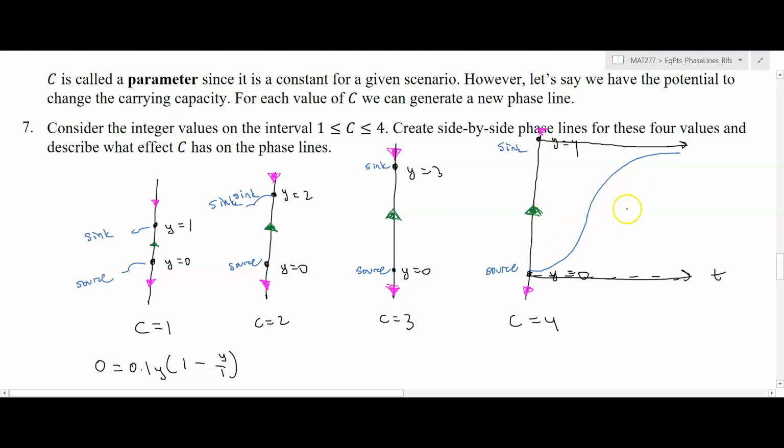So populations would increase in this sort of shape in between here. And we could solve this differential equation and prove that. And if populations started up here, they would exponentially decrease. So these equilibrium points are not just values of y for which dy/dt is 0 and the population doesn't change, but they also act as asymptotes, which is pretty interesting.